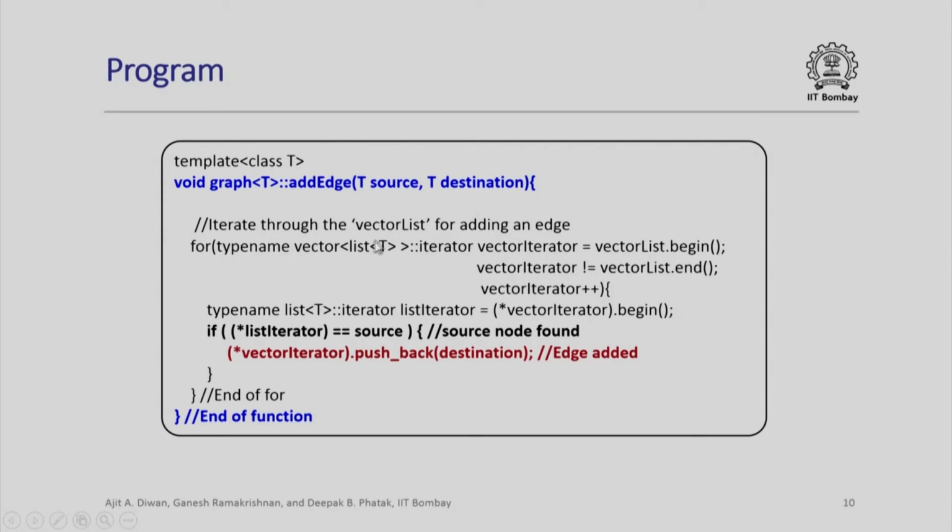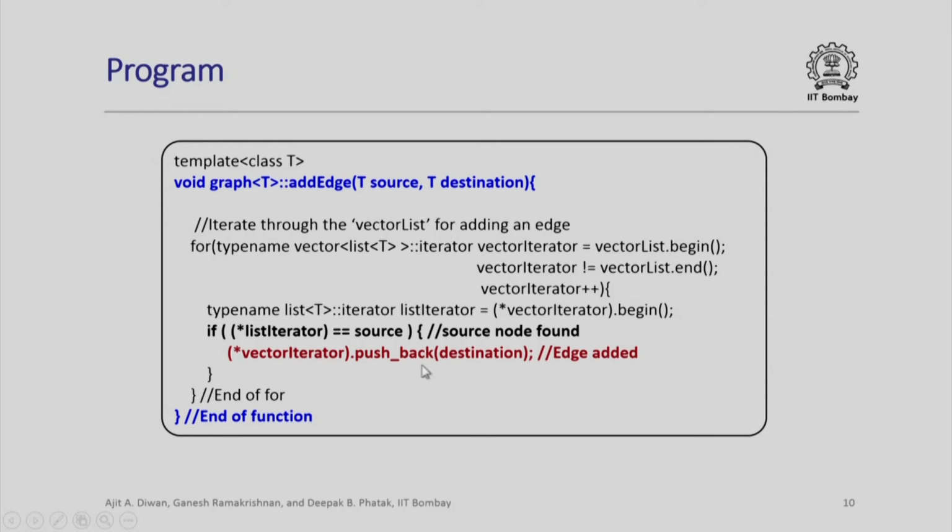What we have to do is iterate through the vector list to find out where exactly the T source is. So, notice the same iteration is put here, and all that we do is set the iterator equal to vector iterator dot begin initially. Now, if the list iterator is equal to source, that means we have found the source node. At this point, we will say pushback destination.